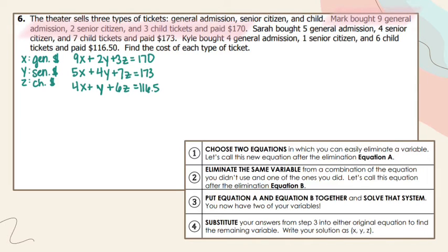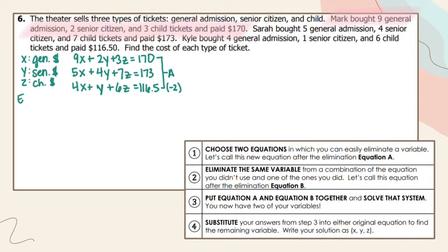So I'm going to use the top one and the bottom one to get A because I only have to multiply by 2 to get the y's to cancel. The smaller numbers you multiply by, the smaller your numbers will be as you're working. So I'm going to multiply the third equation by -2 to get my y's to cancel.